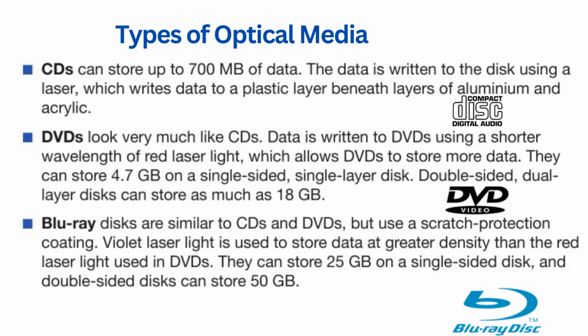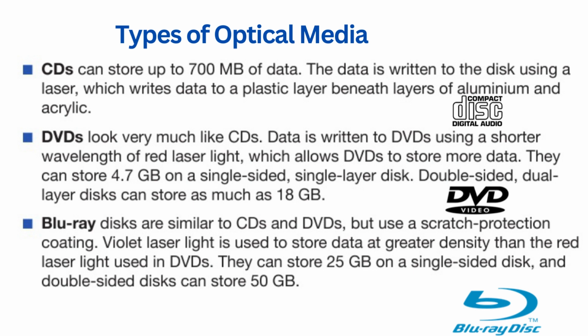Okay. Now we are going to the second type, optical media devices. The way data is written is different in these three types, like magnetic tapes and optical media. So there's a difference, and due to that difference, the storage capacity also changes in the optical media.